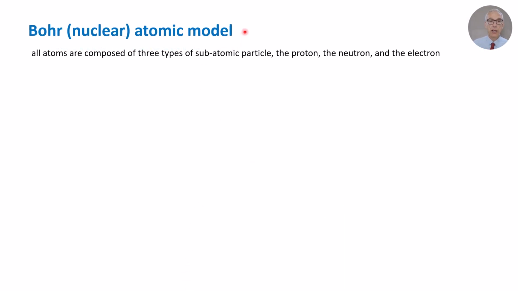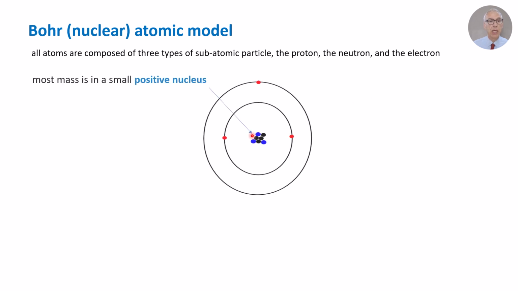So the nuclear atomic model has it that all atoms are composed of 3 types of subatomic particle: the proton, the neutron, and the electron. I'm sure you're familiar. Most of the mass is in a small positive nucleus. The surrounding shells hold negative electrons. The nucleons are the particles in the nucleus.